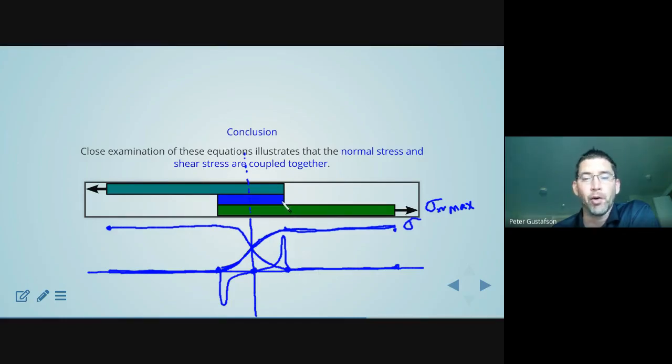The most likely failure location is right here and right here, where you're either going to get a peel failure at the interface between the adhesive and the wing skin, or you're going to get a shear failure at that location. Both the peel and the shear stress spike, and in fact the sigma YY spikes a lot, so you tend to get this peel failure right there. And then once it's failed there, it propagates inwards and the whole thing fails.